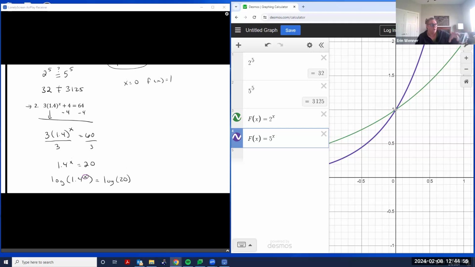Now, last week we talked about the power rule, and when you've got that exponent up here, you're taking the log of a value being raised to the exponent. We can bring that exponent down in front of the log. And this is the key piece, because bringing that down in front is what allows us to get the x out of the exponent position.